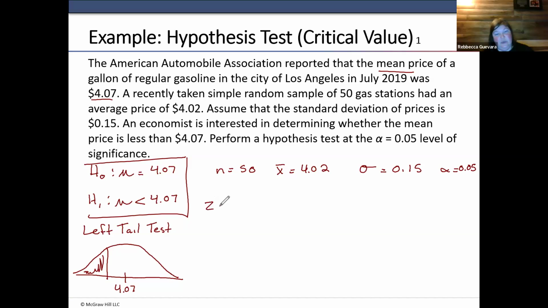We need a z-score for our population mean. This is my test statistic. And then we also need the z-score for the query to the critical region.